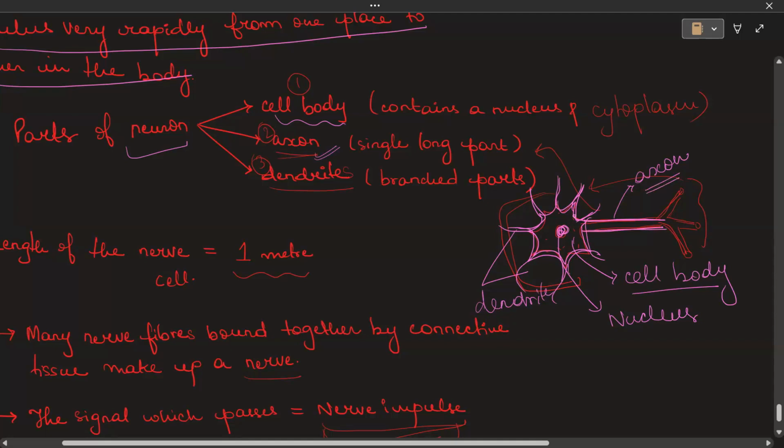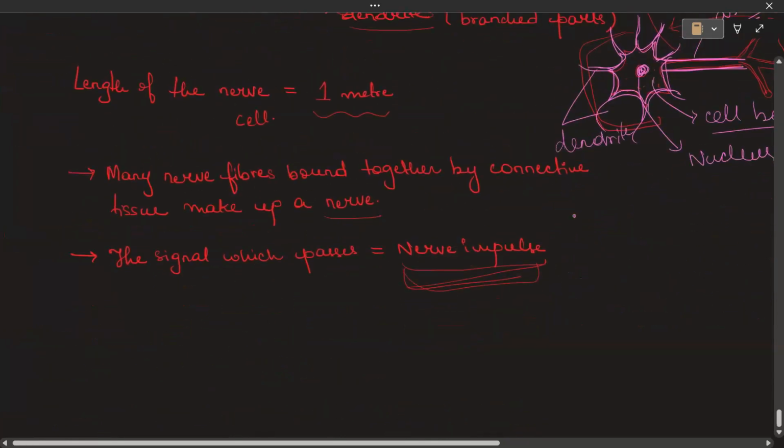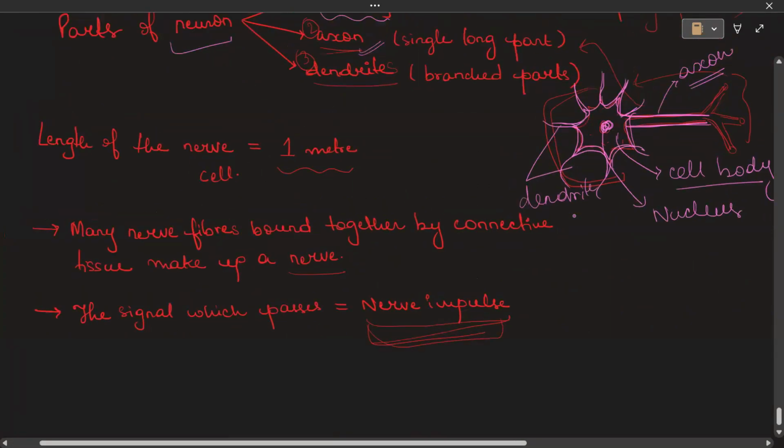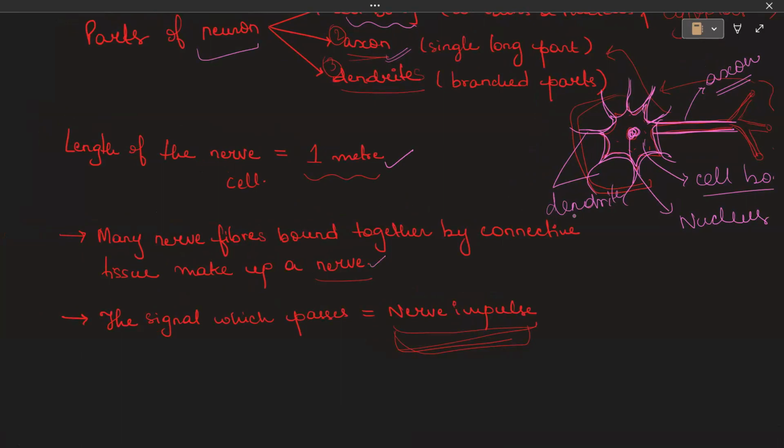Okay. Yes. Now talking about the length of the nerve cell. So the length of the nerve cell is 1 meter. Now, many nerve fibers are bound together by connective tissue and make up a nerve. So you can say that a nerve is made up of many nerve fibers coming together and being bound by a connective tissue.